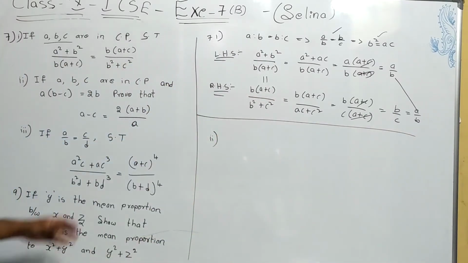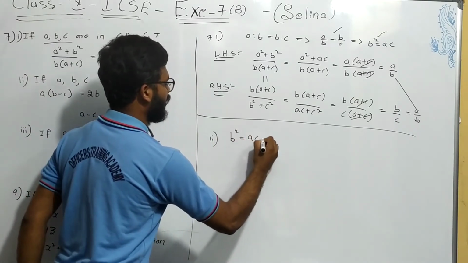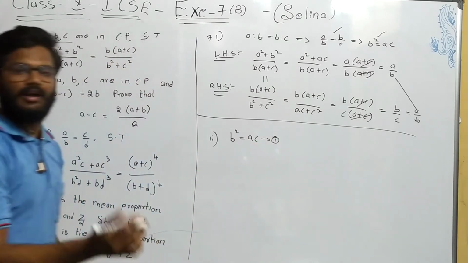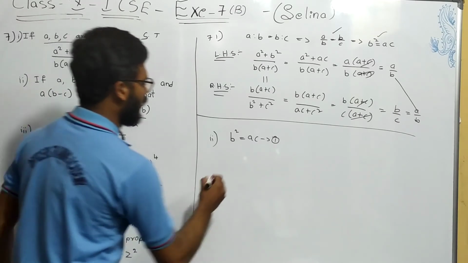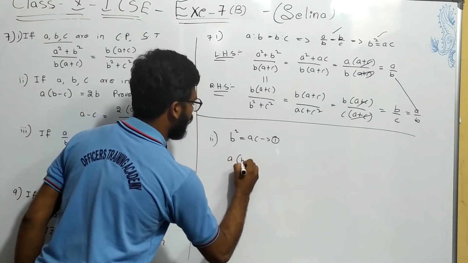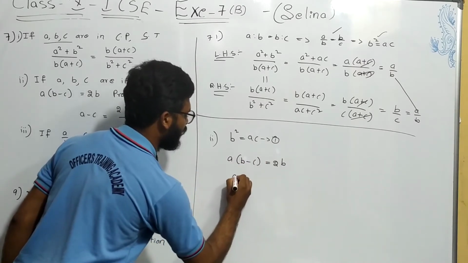Second one, what they gave, if A, B, C are in continued proportion, that is nothing but B square is equal to AC. This is one condition. And here they gave one more condition: A into B minus C is equal to 2B. What they are telling? A into B minus C equal to 2B. So what we'll get from this one?